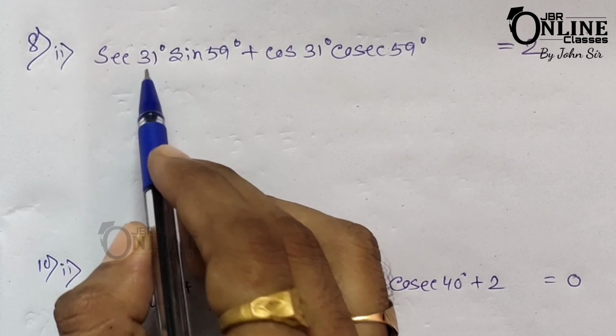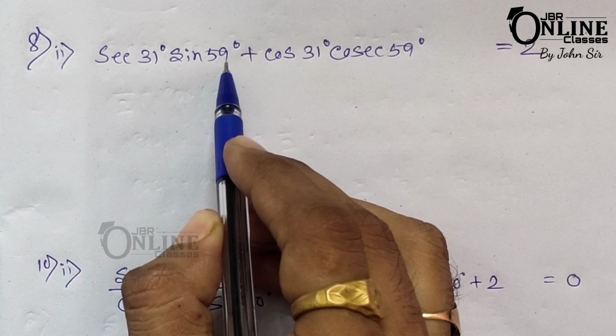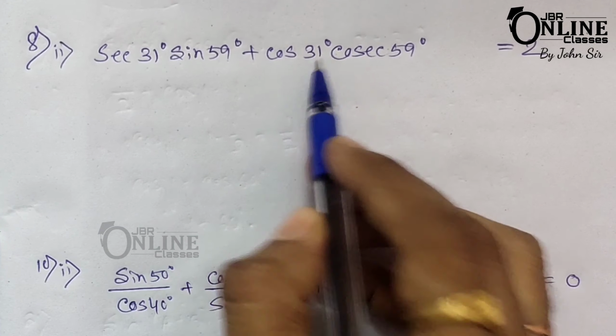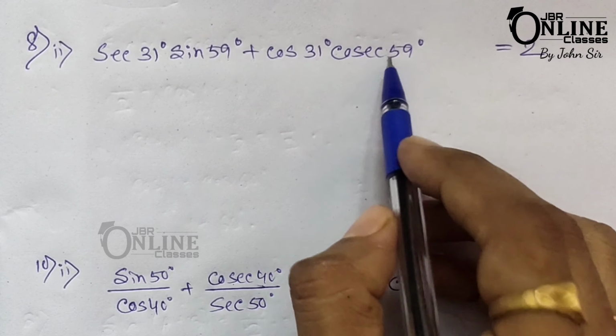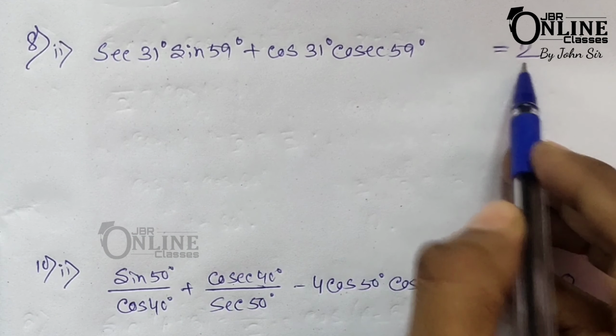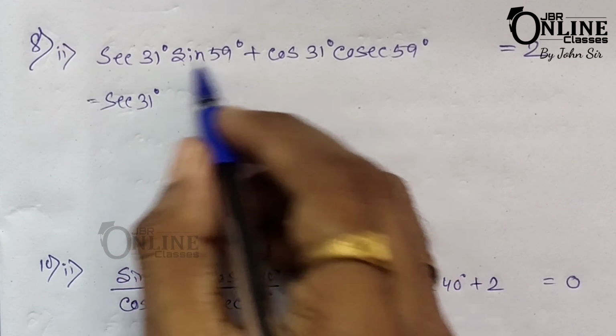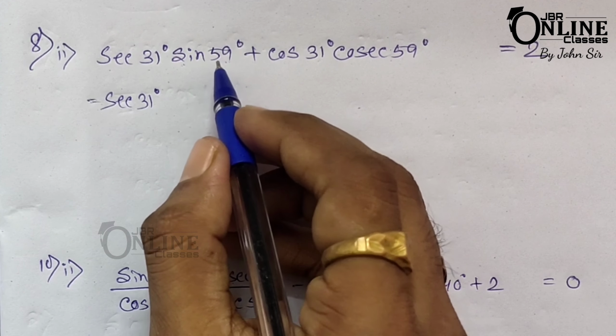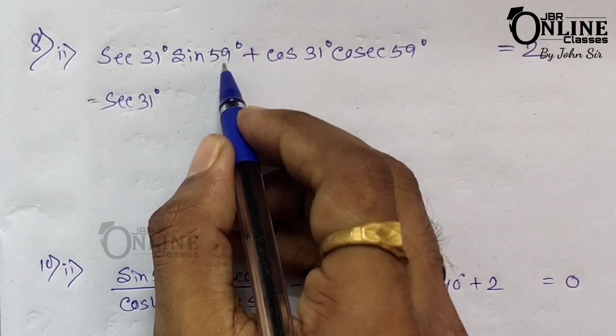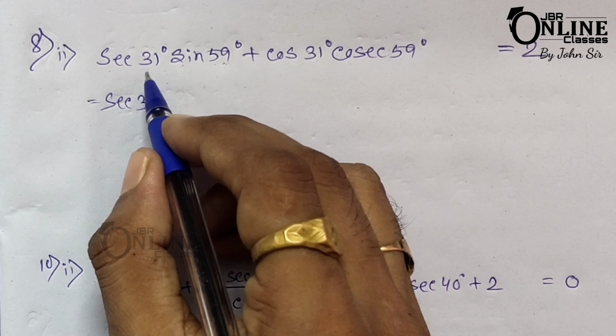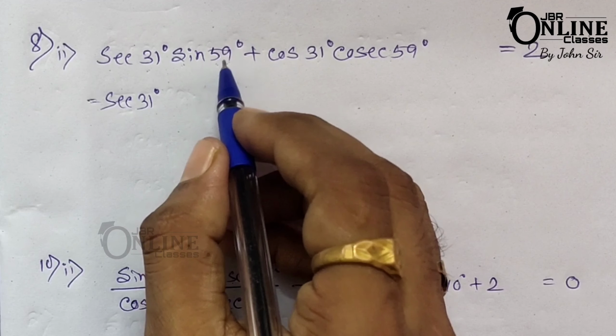So here sec 31 sin 59 plus cos 31 cosec 59, and you have to prove that the value equals 2. So sec 31, write down the first one. Now sin 59. Instead of 59, you can write 90 minus 31, as 90 minus 31 equals 59.